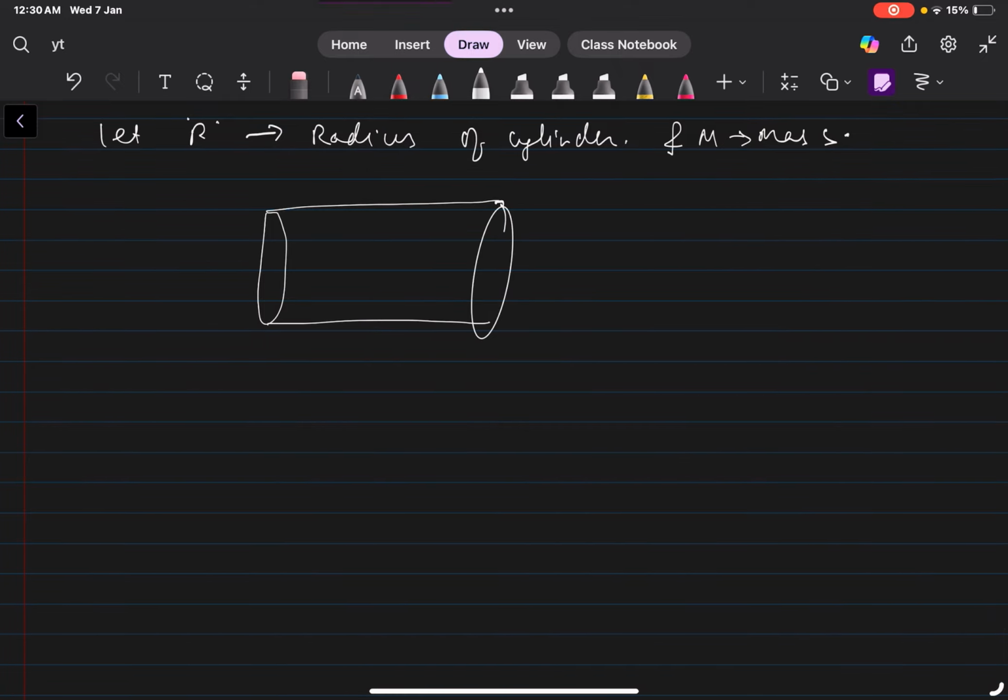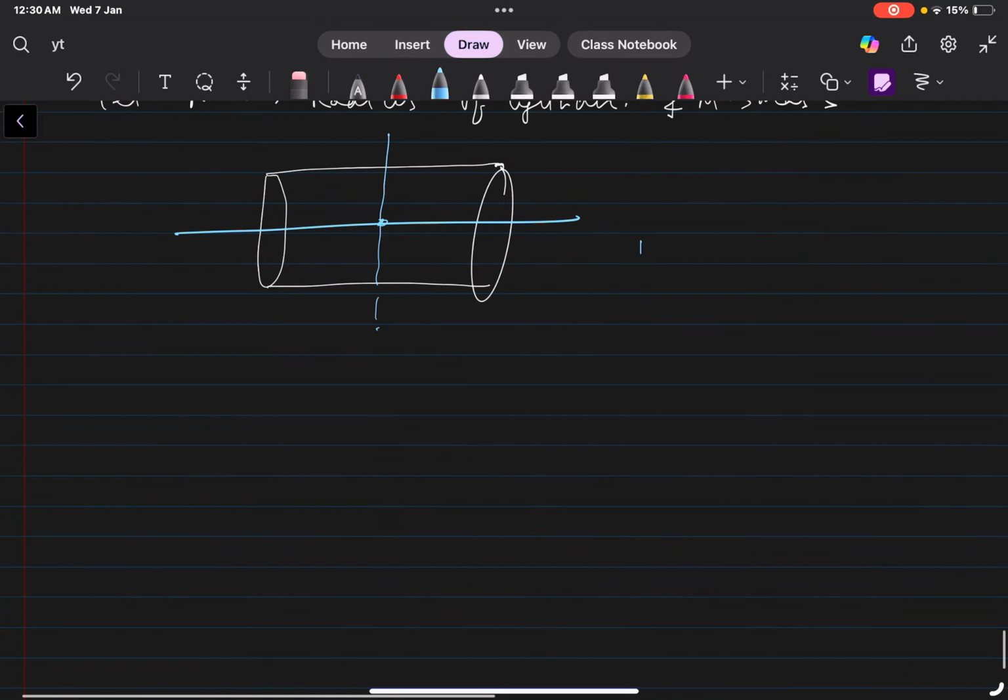About this point, I is equal to the integral of r square dm from 0 to m.